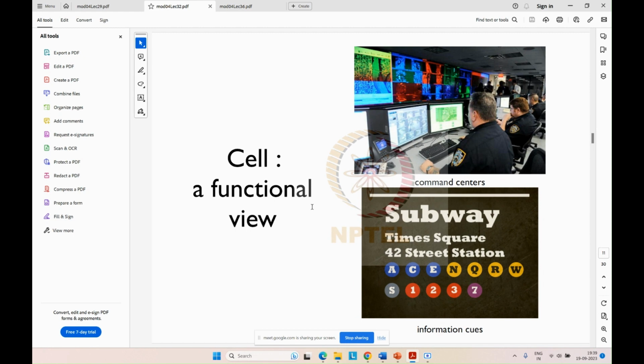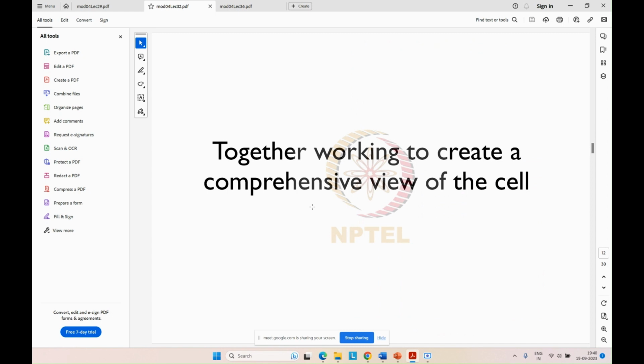The cells also have certain communication between these organelles, and there are certain command centers that dictate how the signal flow occurs inside the cell. And this is how you create a cell.